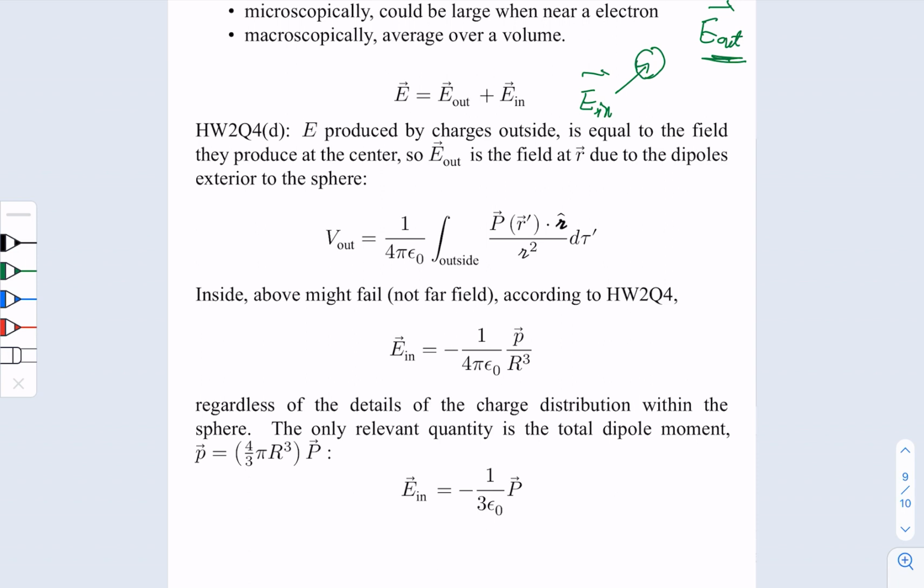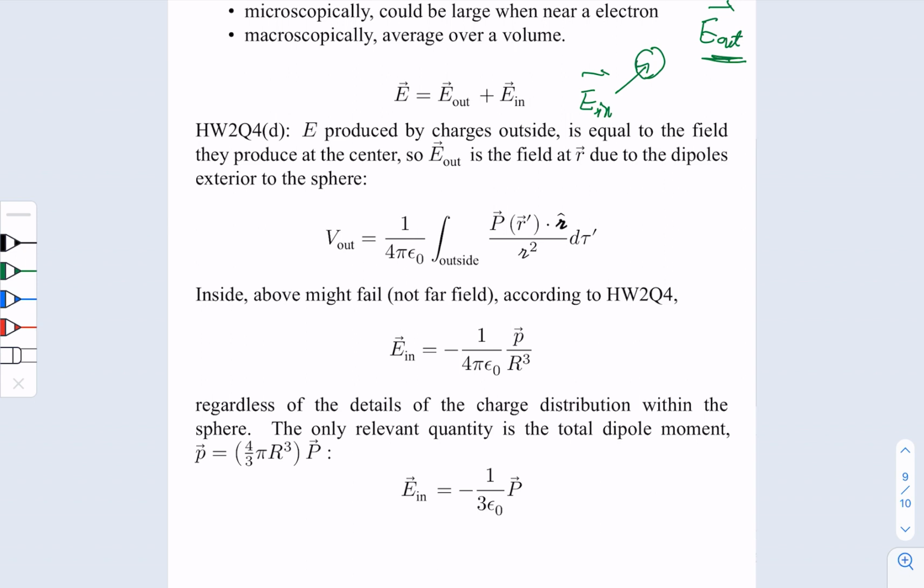This problem has been worked out in homework 2, question 4, A through C. And we actually find a very compact solution: for an arbitrary charge distribution, no matter how complicated, the inside electric field must be proportional to the total dipole moment divided by r cubed, and that includes every possible electron distribution that you can think of.